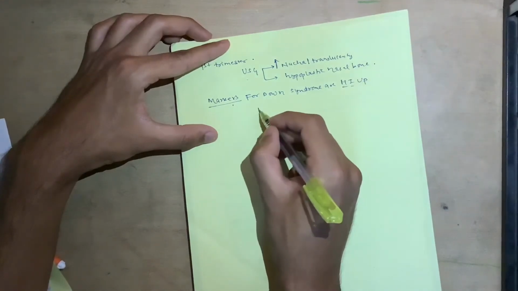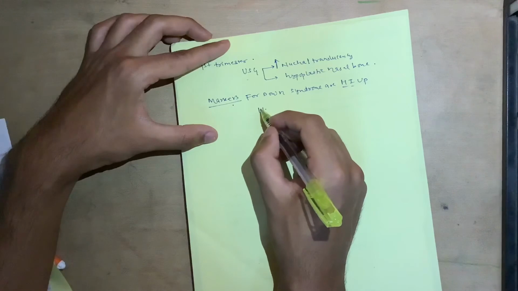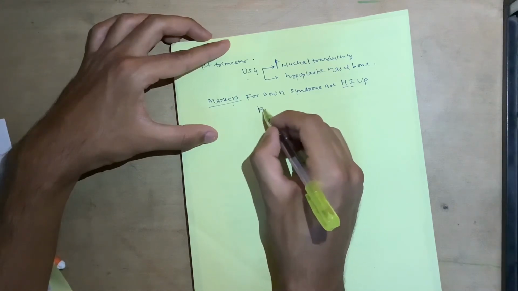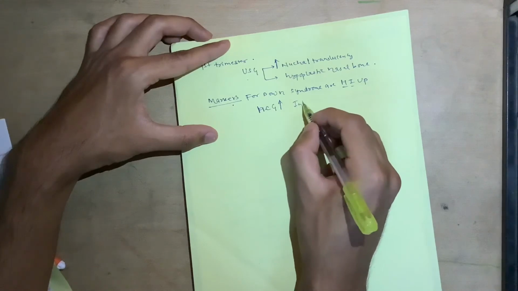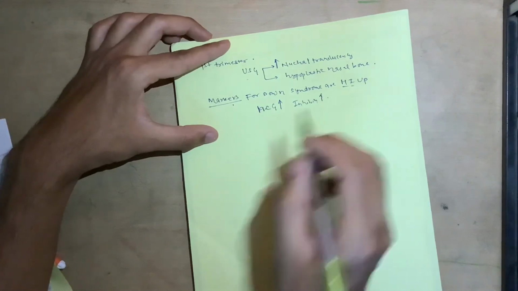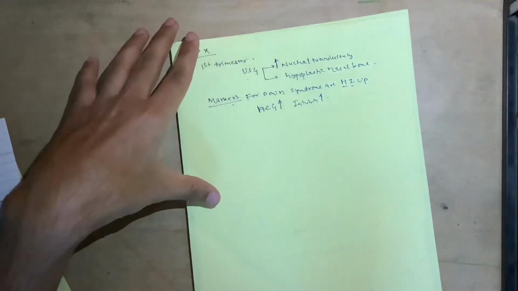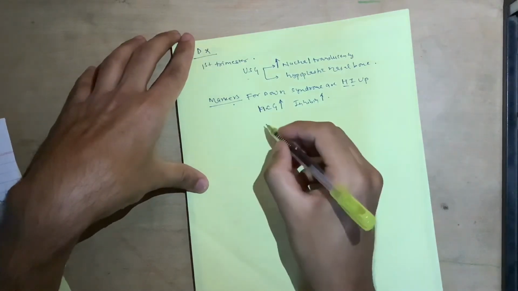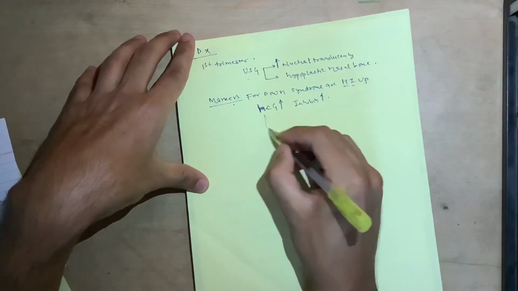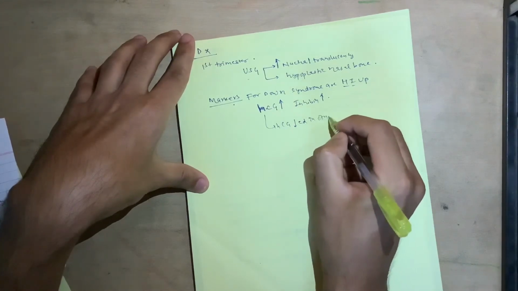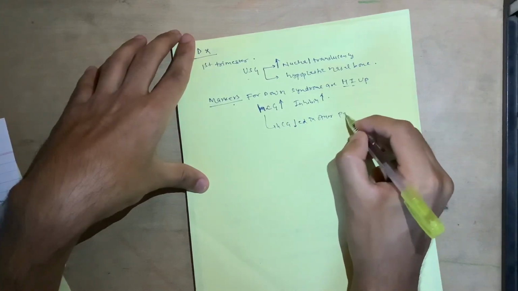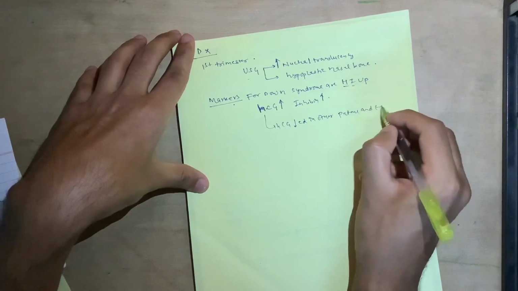That is, human chorionic gonadotropin is increased and inhibin is increased. hCG is decreased in other trisomies like Patau and Edward.